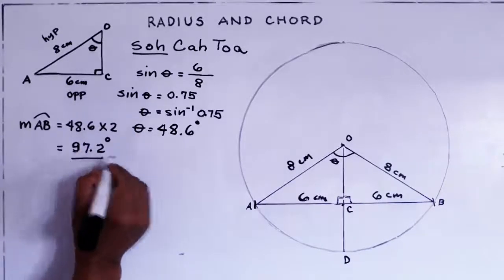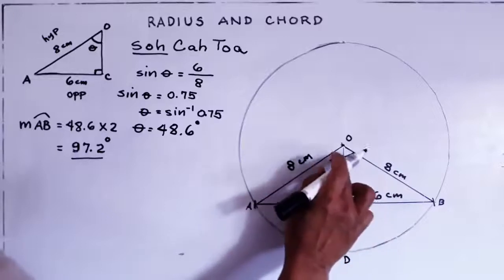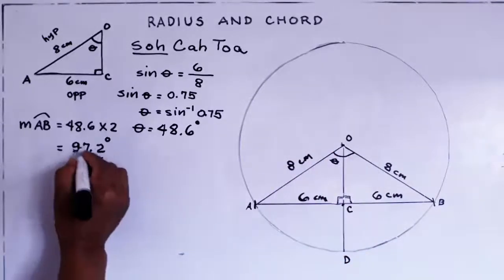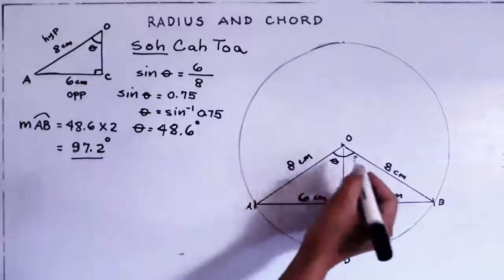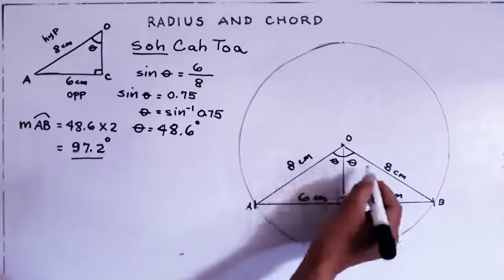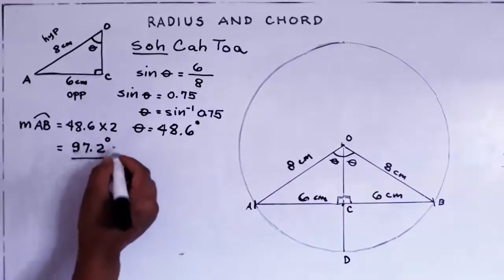That is the measure of our whole central angle there. This one is theta, so we have another theta there. So 2 times the theta gives you 97.2 degrees.